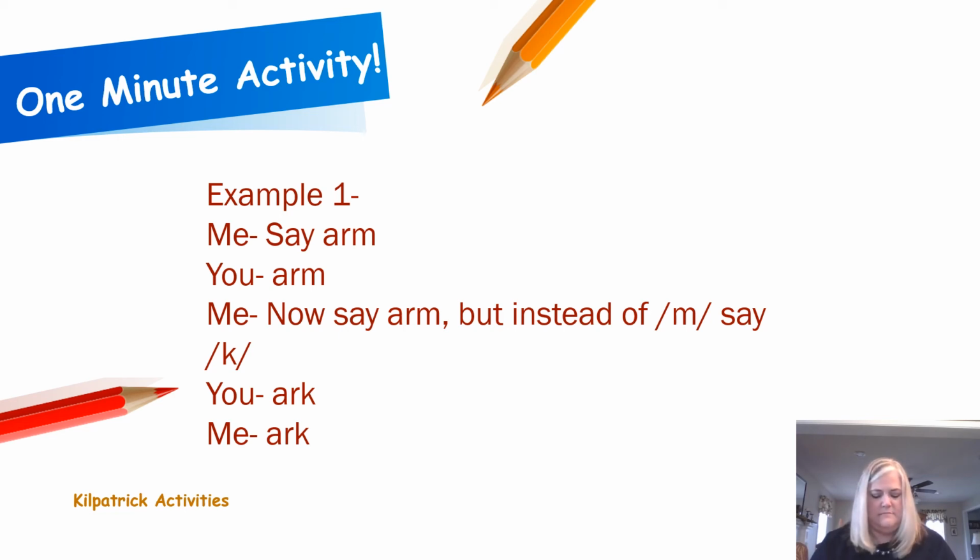Cup. Say quiz. Now say quiz, but instead of z, say t. Quit. Say peace. Now say peace, but instead of s, say ch. Peach. Say guess. Now say guess, but instead of s, say t. Get. Great job, boys and girls.